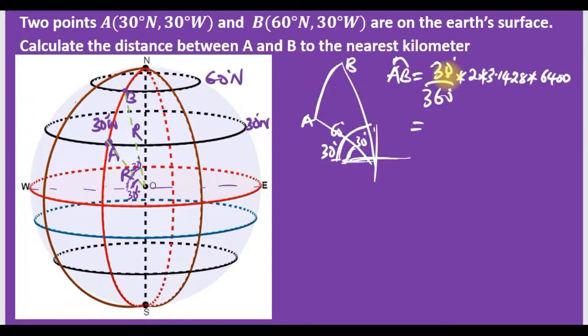We multiply 30 times 2 times 3.142 times 6,400, divided by 360.